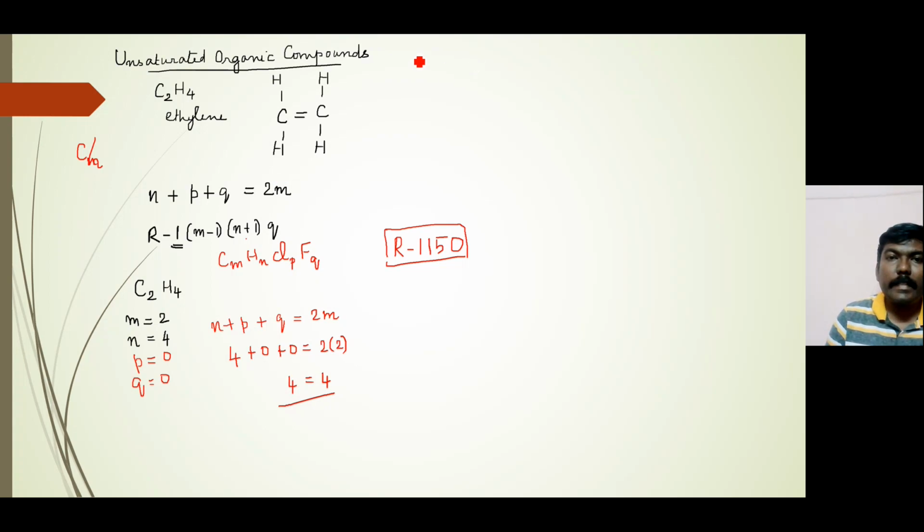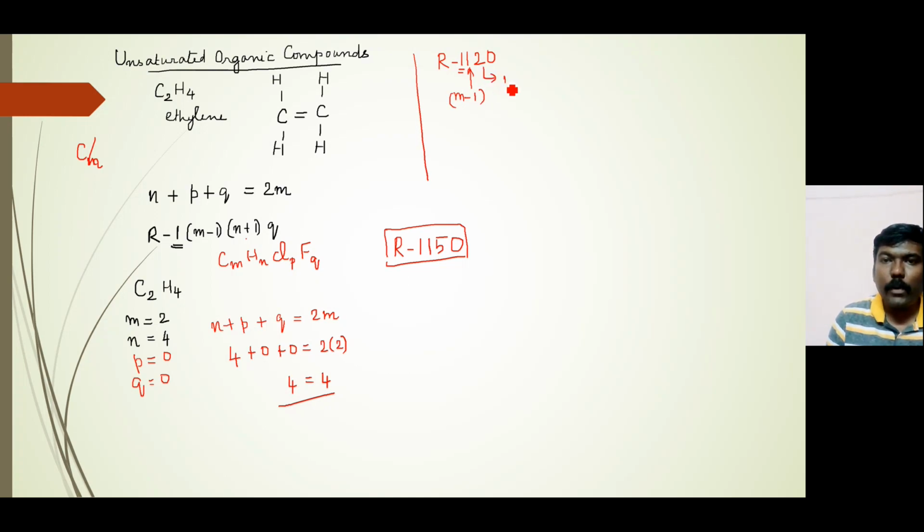Let's look at the reverse way. Let me say I have R1120. The moment you see it's a 4-digit number, it is going to be an unsaturated hydrocarbon. So this 1 stands for unsaturated hydrocarbon, and this 1 stands for M minus 1.